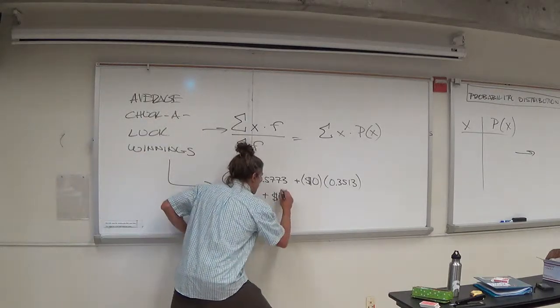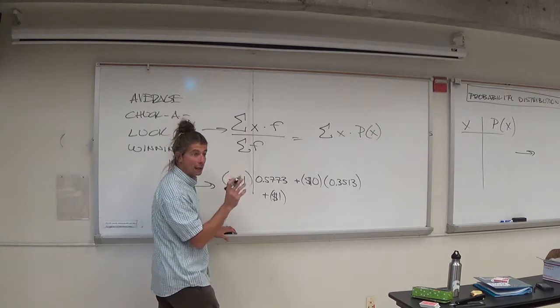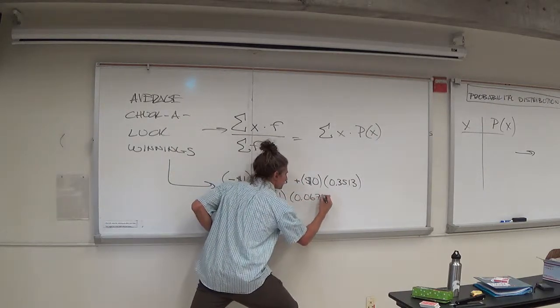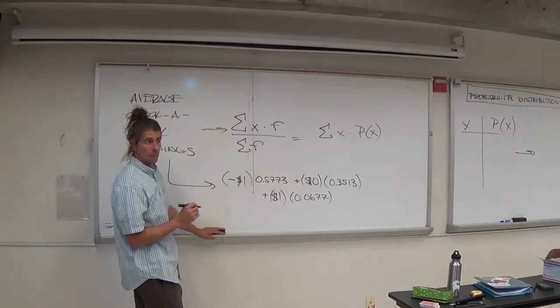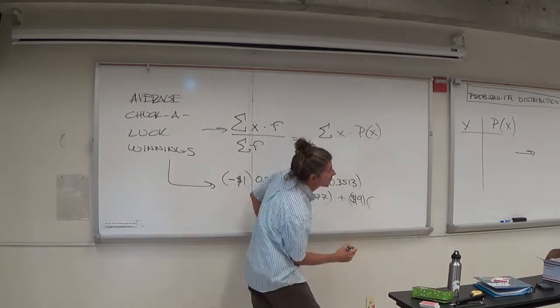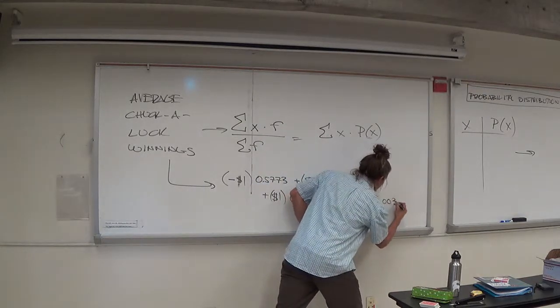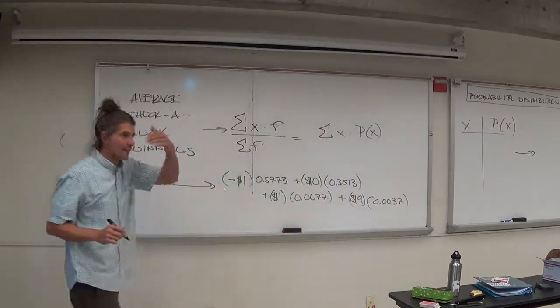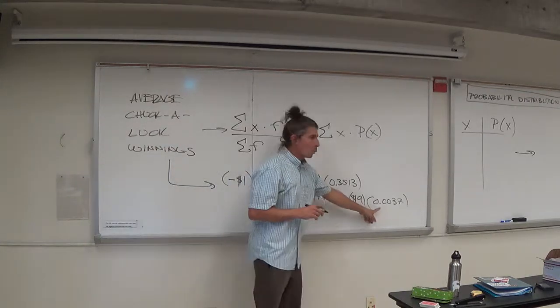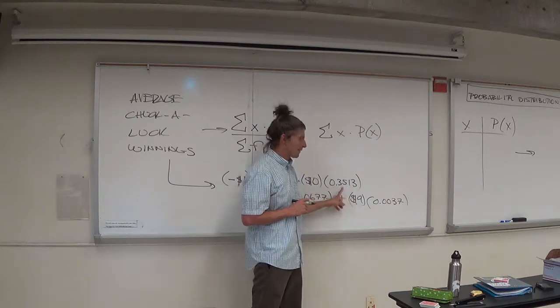Now here comes the positives. $1 happens 6.77% of the time. Good so far? And then the big payout, the $9 profit, happens 0.0037, so 0.37%. Which is roughly 100 times less frequent than this.